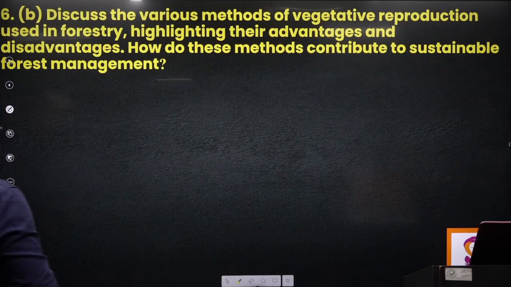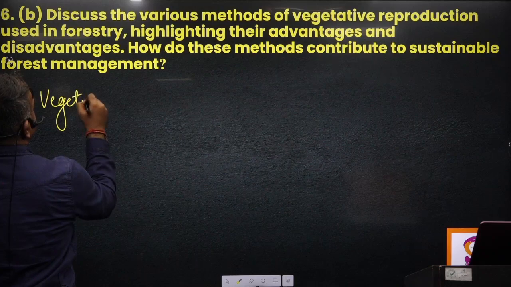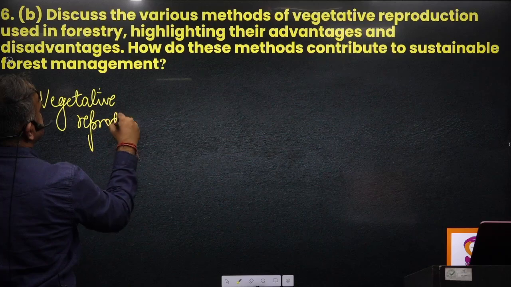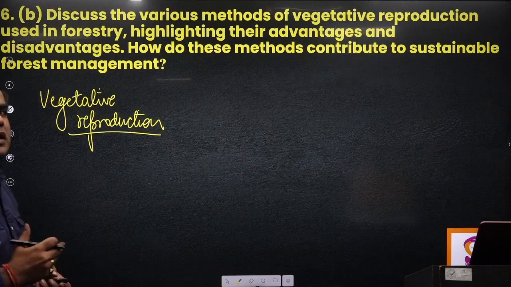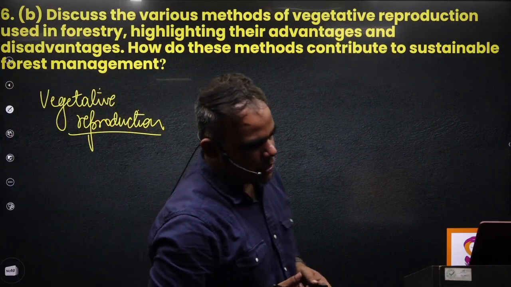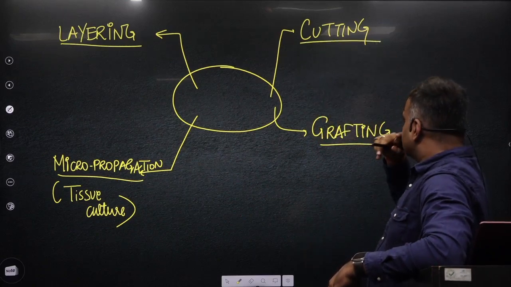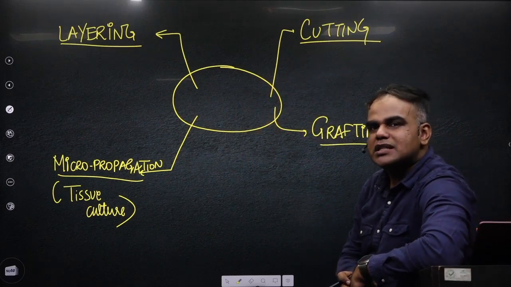Okay, so very first part you have to explain what is, you can just give one line: vegetative reproduction. Okay, and then of course we can talk about the different methods of vegetative reproduction, and here also very simple diagram like this can be useful. You can talk about cutting, grafting, layering, and micro propagation, that is also known as tissue culture.